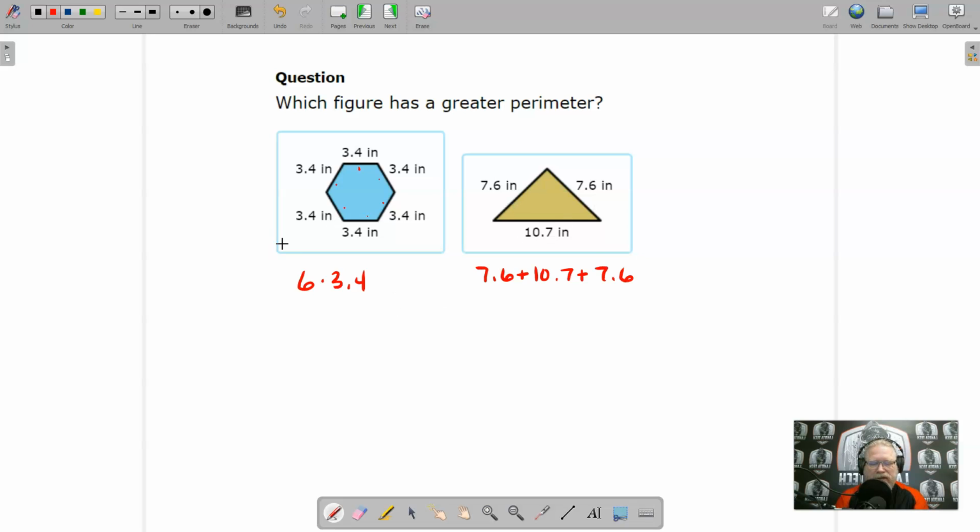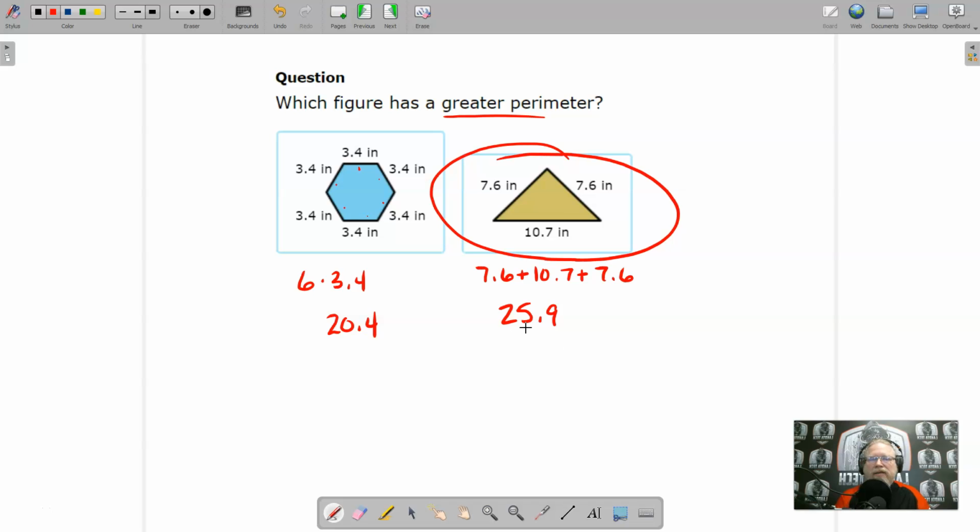First, let's do the 6 times 3.4, and that's going to give us 20.4. And then over here, we have 7.6 plus 7.6 plus 10.7. That's going to give us 25.9. And they want to know which one has the greater perimeter. It's going to be the second choice here because 25.9 is greater than 20.4.